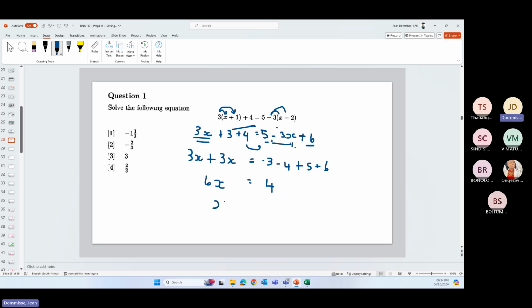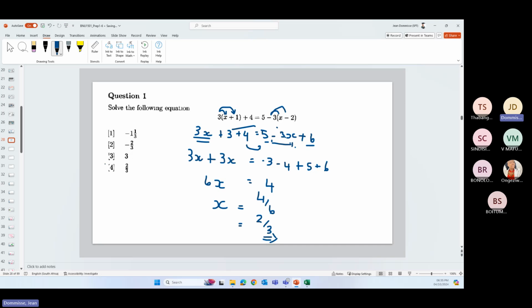If I want to have x on its own, I need to divide both sides by 6. So I have 4 over 6, but that's not in the simplest form. 2 goes into 4 twice, and 2 goes into 6 three times, so the simplest form is 2 over 3.